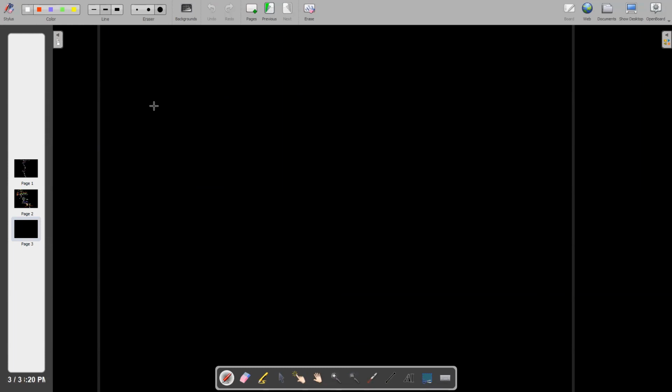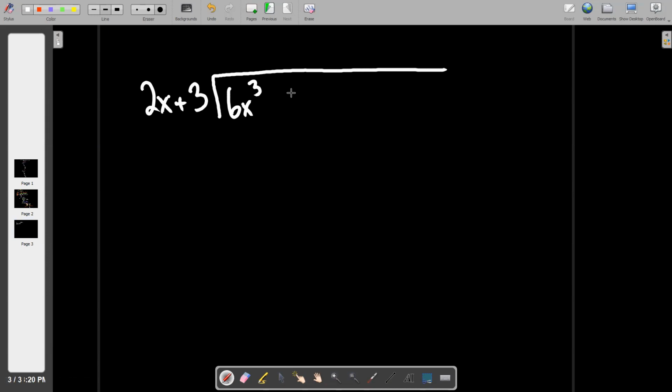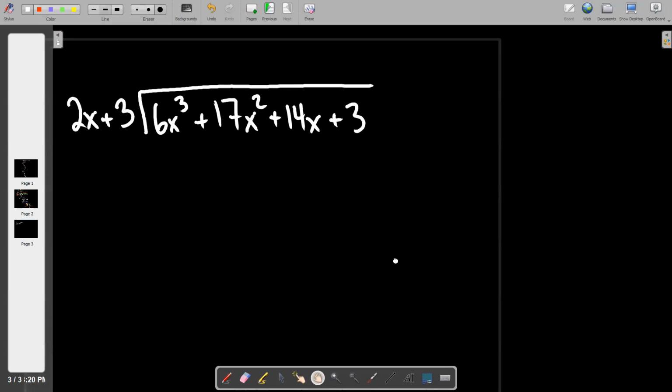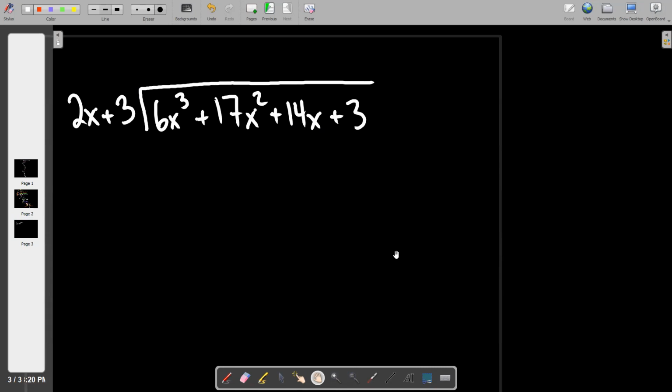So our divisor is 2x plus 3. Our dividend is 6x cubed plus 17x squared plus 14x plus 3. So we want to keep everything as simple as we can, and I, through the use of this magical digital new age pen, can highlight just what I want you to see.